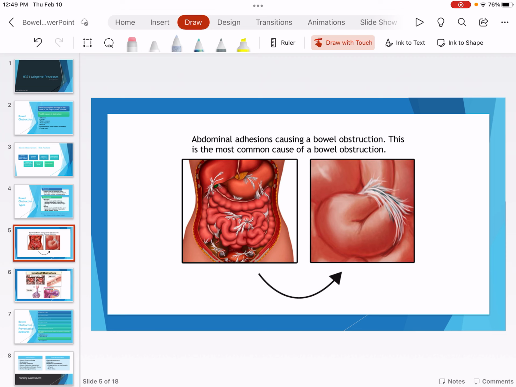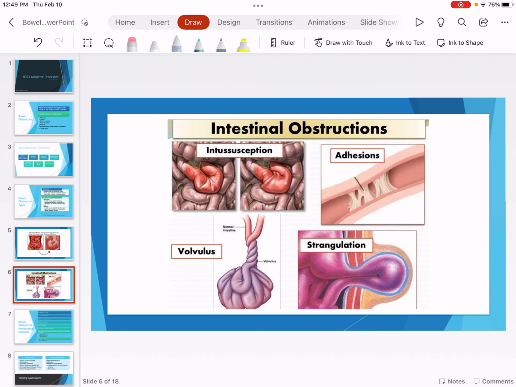You can see the scar tissue attaches itself to organs on the inside of the abdominal wall, and you can see the bigger picture of what's going on. This scar tissue has essentially wrapped itself around a loop of bowel, and that causes an obstruction. You can see why that would potentially cause bowel tissue ischemia. And again, this is the most common cause of a bowel obstruction.